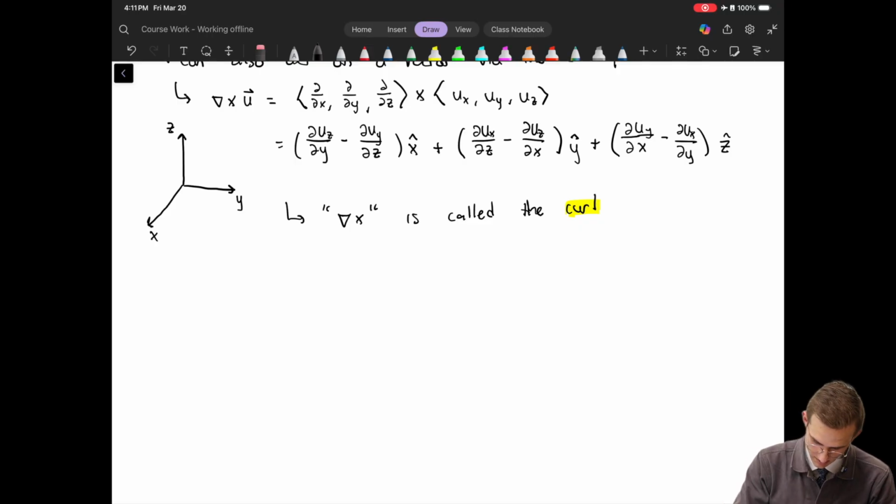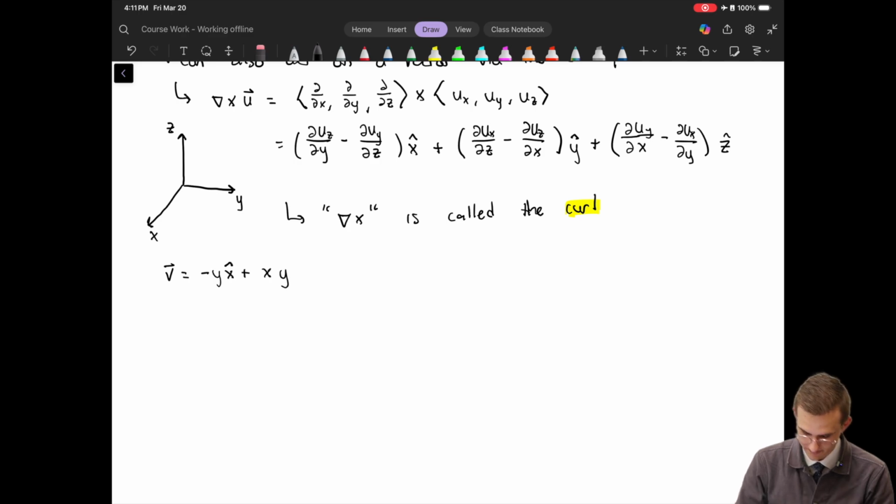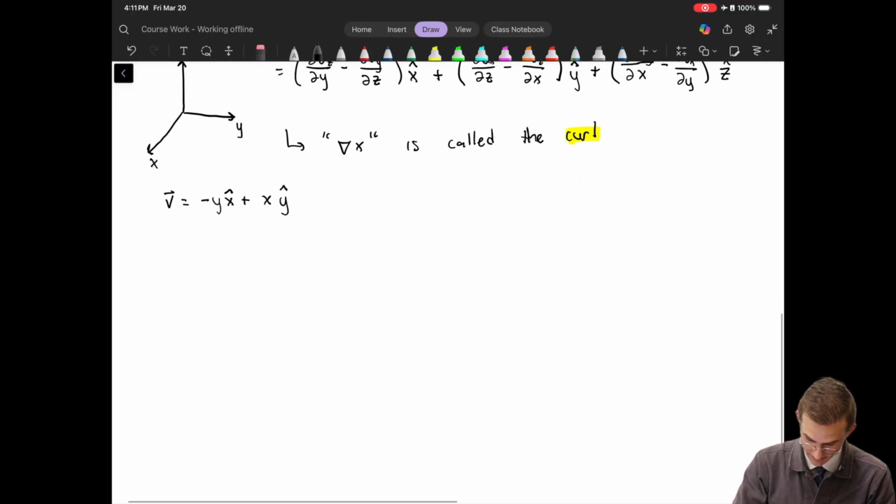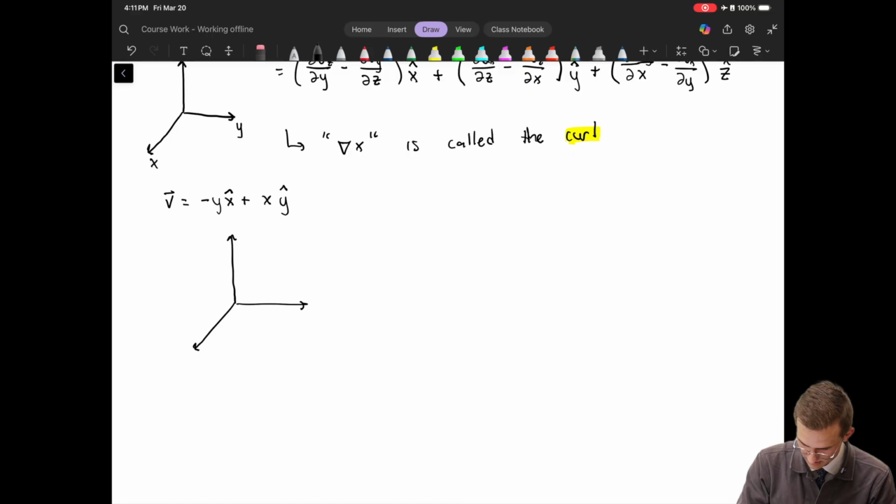So let's look at the vector field, for instance, minus y x hat plus x y hat. What does this look like? Well, if I draw another coordinate plane here and draw the vectors in the x and y plane, it's going to be a little swirling field that looks like this.